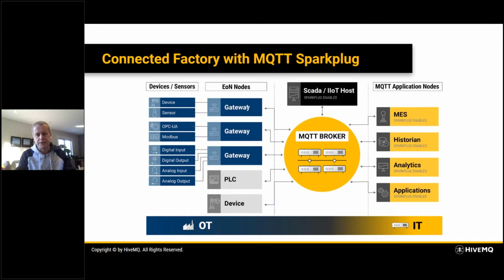Those messages would be published and subscribed to from a broker. There's a SCADA host that coordinates all the actors in the system. And on the application side, there are different types of applications, such as an MES system, historian, analytics, and different kinds of applications that we haven't even defined yet.